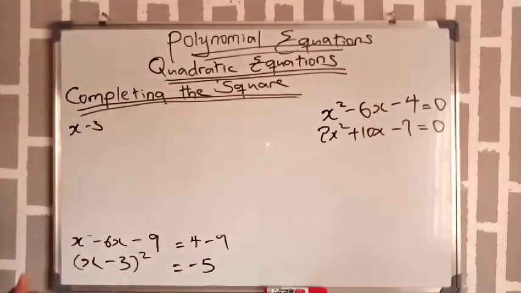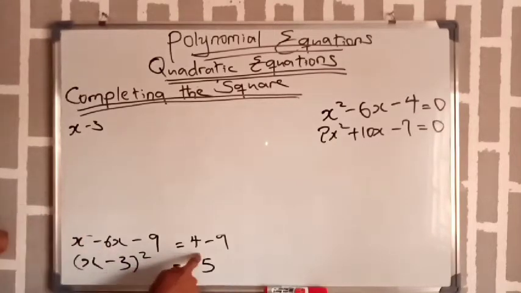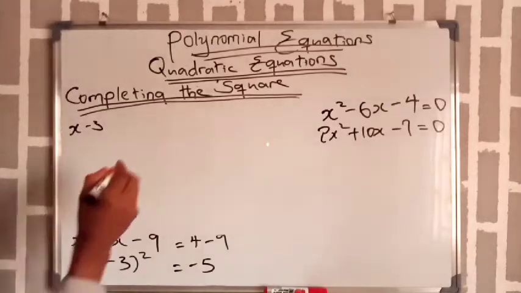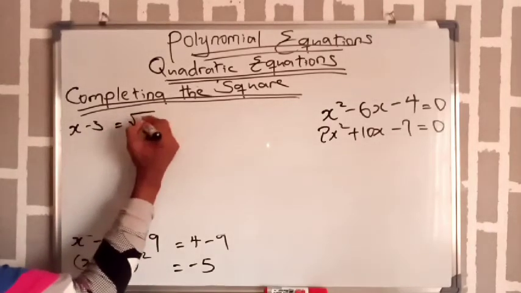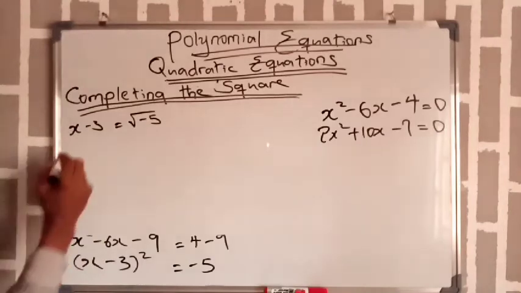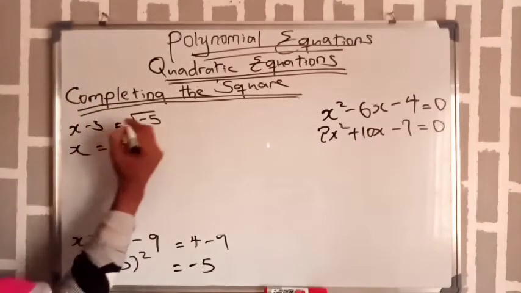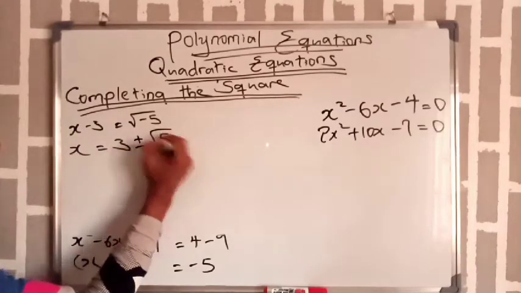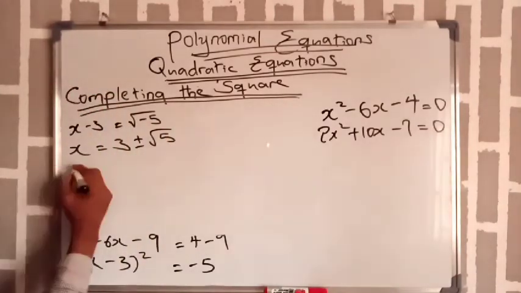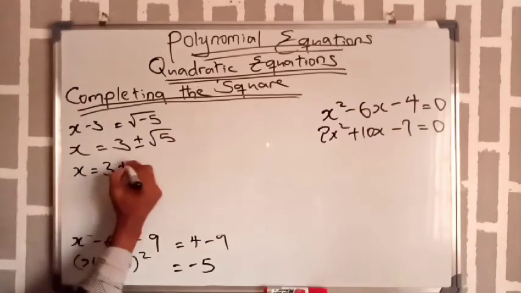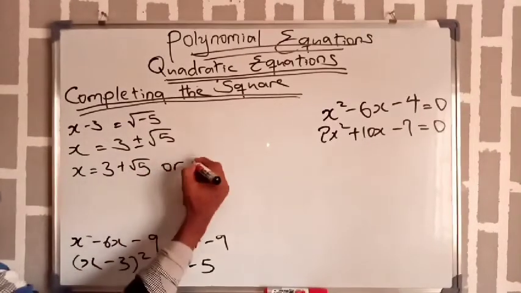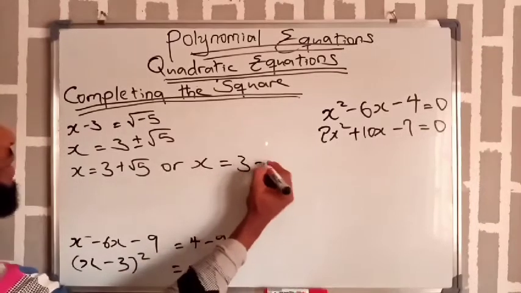As simple as that. So x minus 3 equals the square root of 13. That means x will be 3 plus or minus the root, because we don't know the sign. That's saying x equals 3 plus the root, or x equals 3 minus the root.